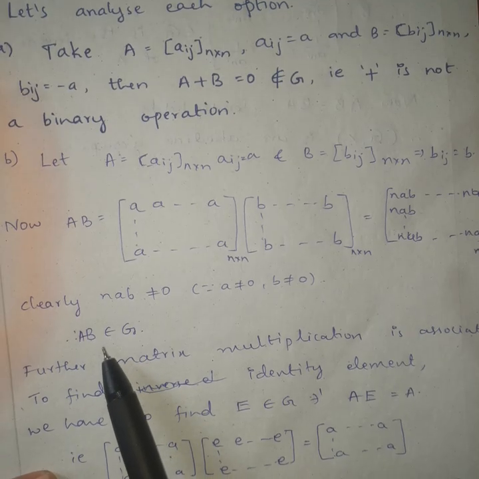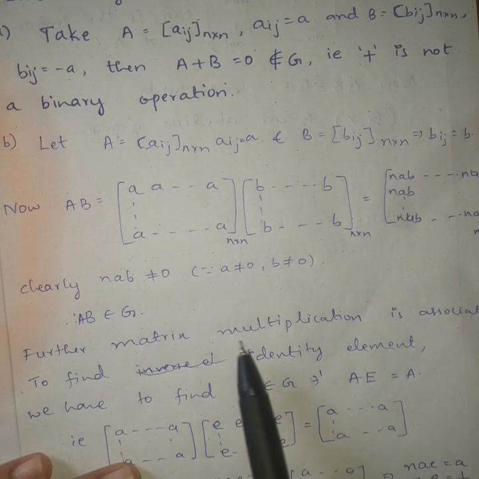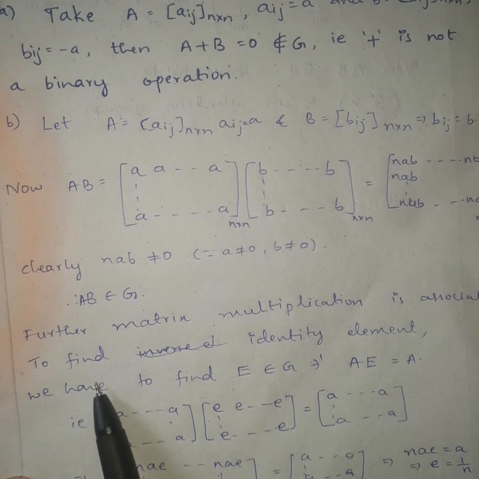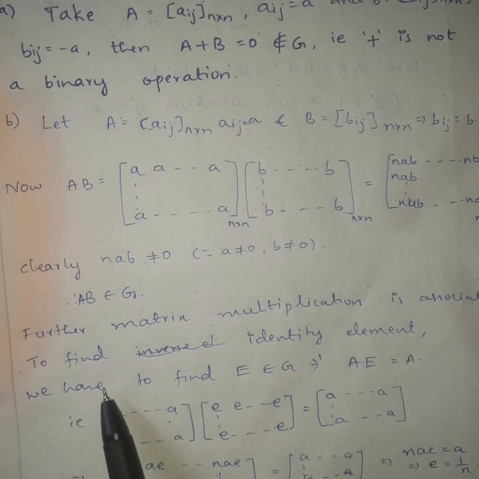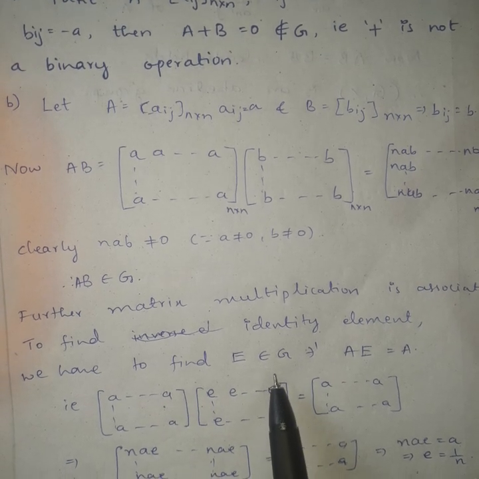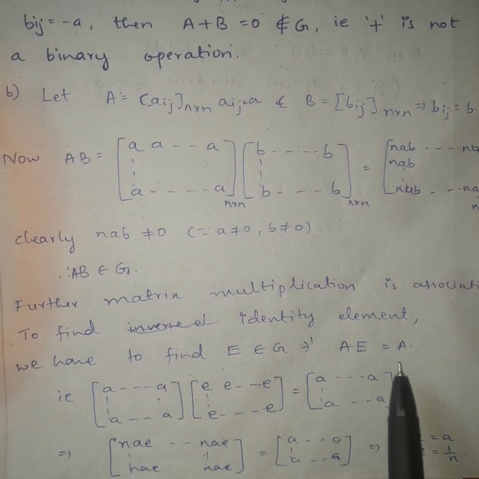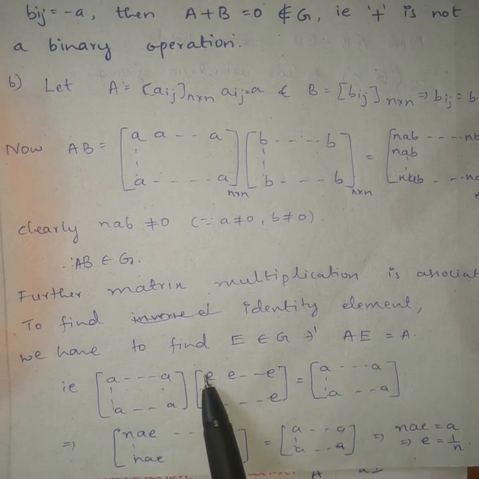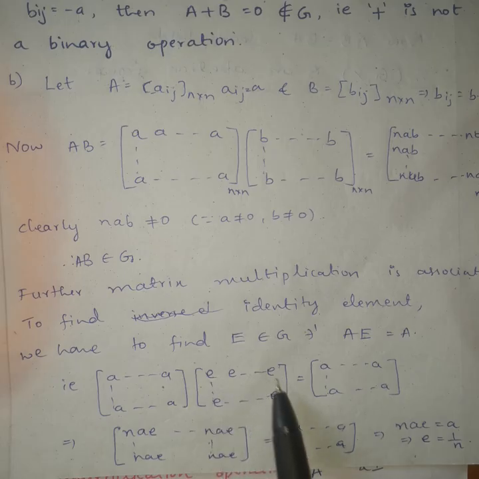First property. Next, associative property. Further, matrix multiplication is associative, we know. So the second property is also satisfied. Now let us check whether the identity element exists or not. We have to find an element E belonging to G such that A into E is equal to A. So if I take the identity element E with all the entries as e, then after multiplication I will get an n by n matrix with each entry nae, which is equal to A whose all entries are a.